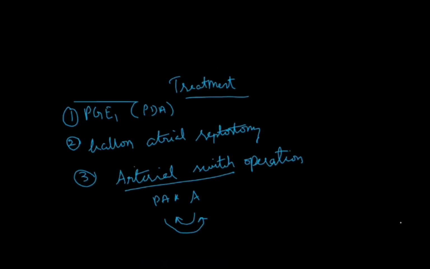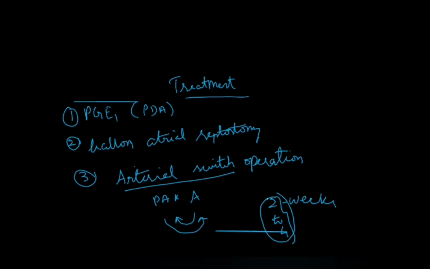But this surgery has to be done within 2 to 4 weeks after birth. Why? Because when the left ventricle opens into the pulmonary artery, because of the reduced pulmonary artery pressure, the left ventricle will start to regress.